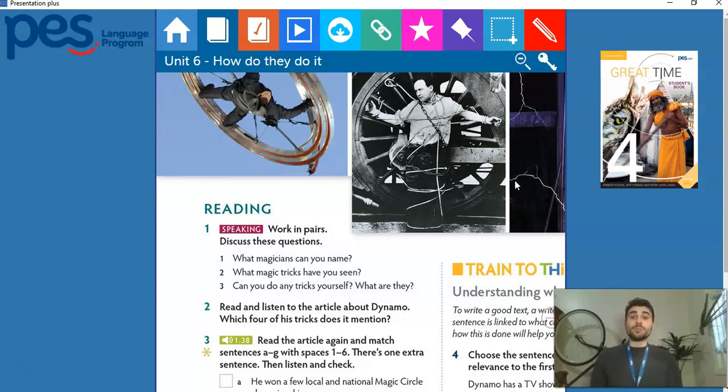We also have lots of very famous magicians in the world, like Houdini, for example, right? And I can also remember another guy called David Copperfield, who is also very famous. And later in this unit, you will get to know another famous magician, actually an English one.